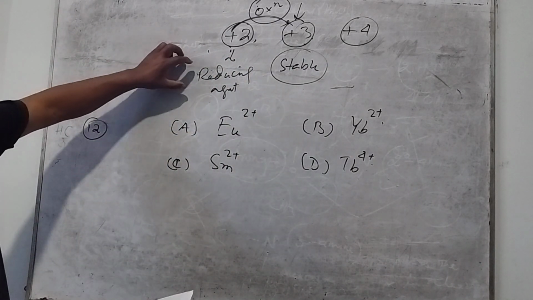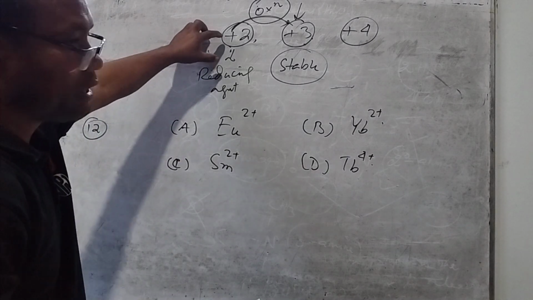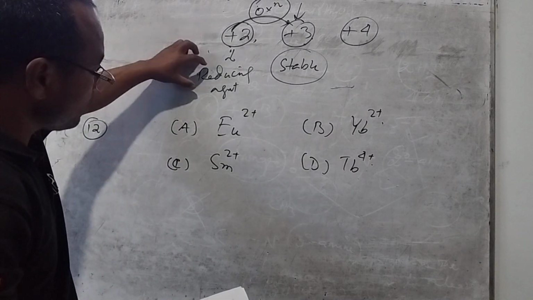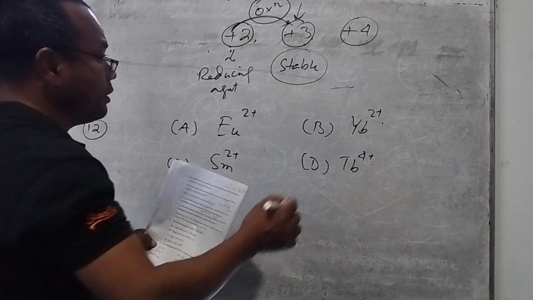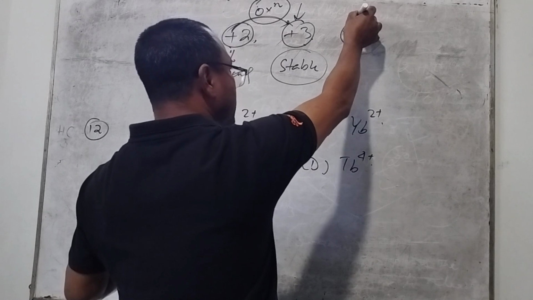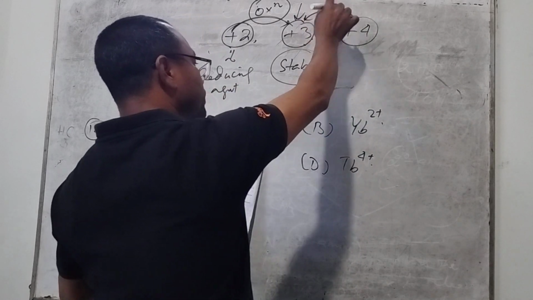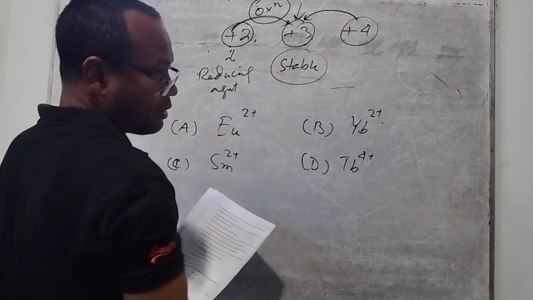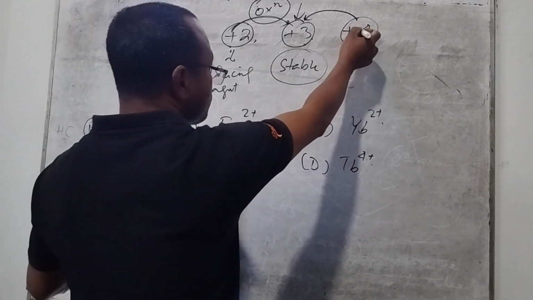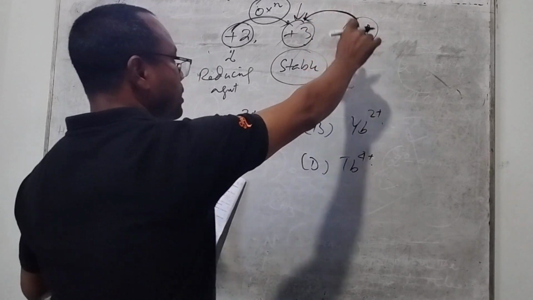So here lanthanoid ions carrying +2 are strong reducing agents. Understand? Then the +4 can be reduced to +2 or +3, but the most stable is +3. So +4 is possible to reduce to +3.